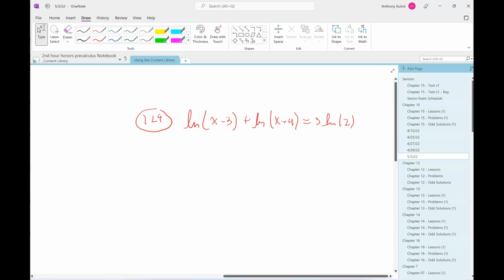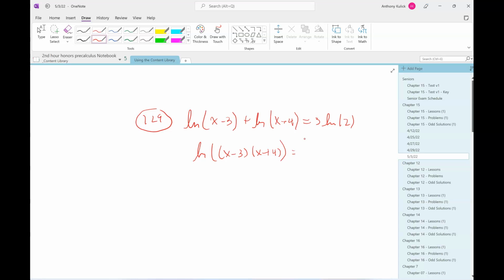So the first order of business is going to be to get one logarithm on each side, right? So what am I going to do on the left-hand side? Just use the product rule. Very good. Product property will take care of that. And you could FOIL those out at this point, but I'm just going to write it that way for now. And then on the right-hand side, I have that 3 outside the logarithm.